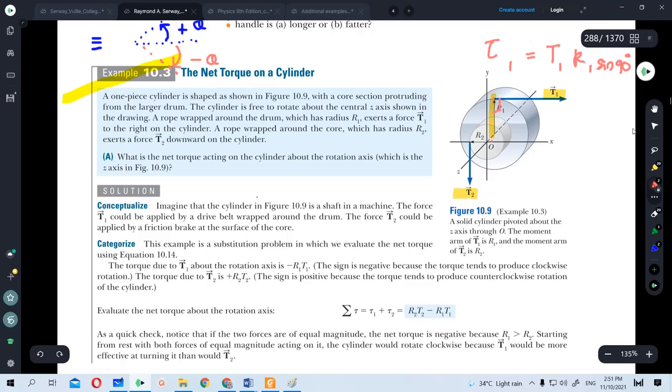But the thing that I would like to highlight is, let's use our curling fingers. Now, curl your hand so that your curling fingers are in the same direction as T1. You will observe your thumb is into the page. So this will give you as if this is the rotation.